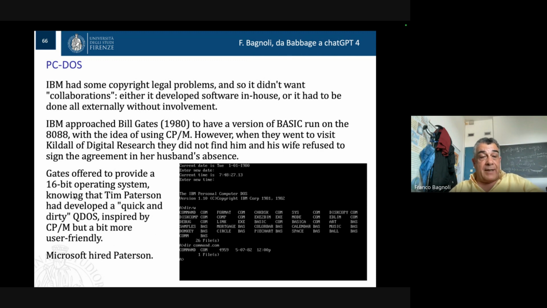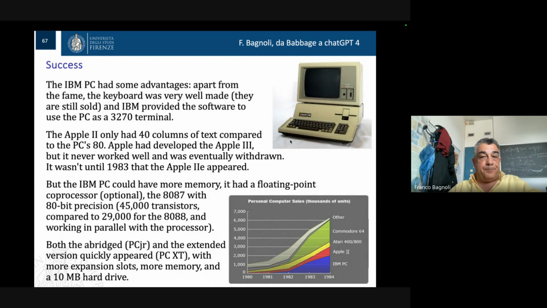And so Gates hired Patterson with the agreement that he had to sell his system to Microsoft, to Bill Gates, and Bill Gates passed this software with his BASIC, which was actually developed by Bill Gates, to IBM.